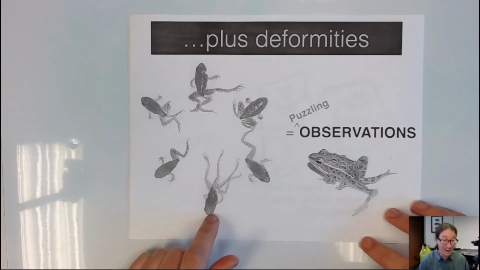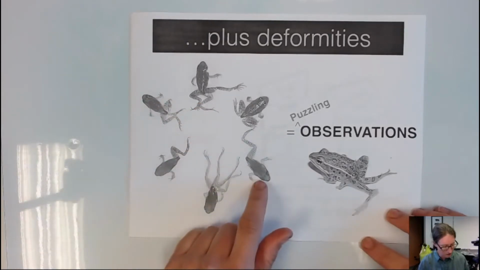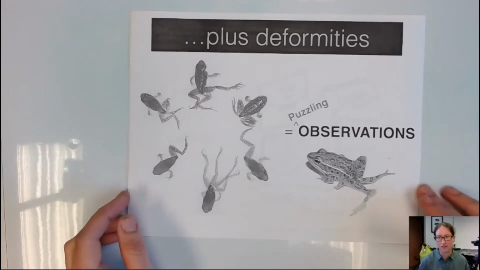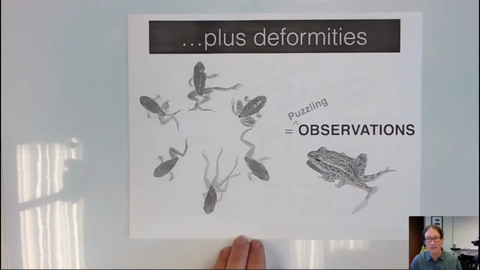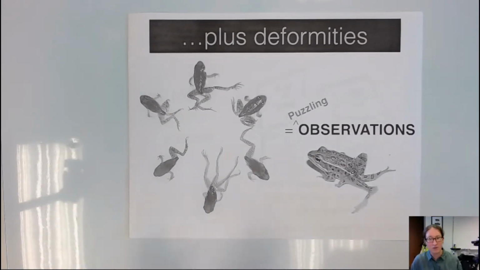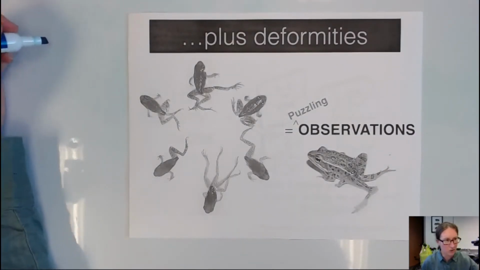Here is a frog that has 6 legs. Here's one with 5, and here's another one with other deformities as well. And so this act of noticing something is really the first step of the scientific process. It's making an observation about some phenomenon in the world around us.